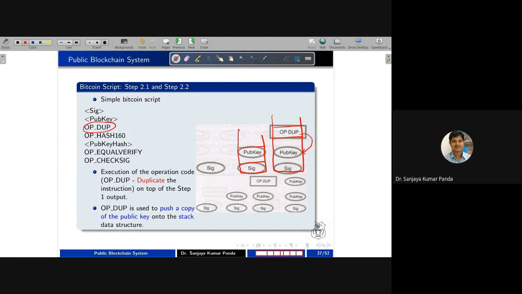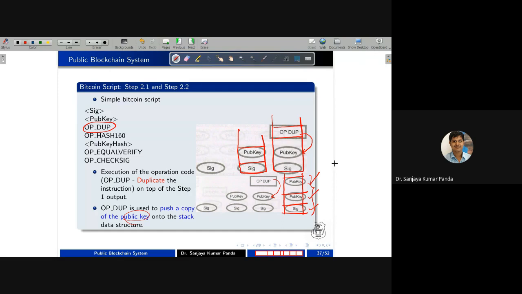So after OP_DUP, the stack content is signature followed by public key, and OP_DUP just takes a copy of the public key and adds it into the stack. OP_DUP is used to push a copy of the public key into the stack. Now the stack content is signature, followed by public key, followed by public key, from the bottom of the stack to the top of the stack.